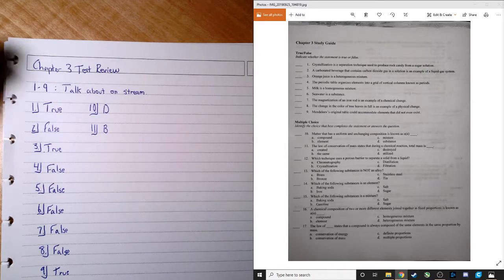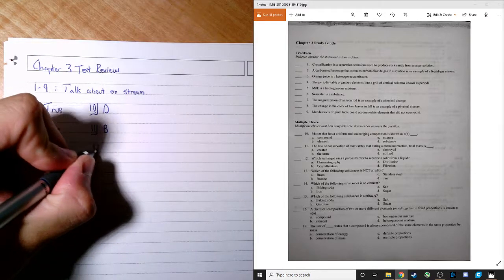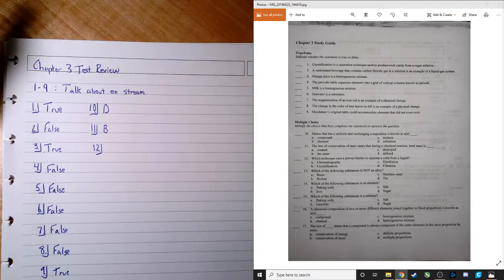All right, so that's number 11. This is number 12. Which technique uses a porous barrier to separate a solid from a liquid? A porous barrier would be filtration. So what happens in filtration?